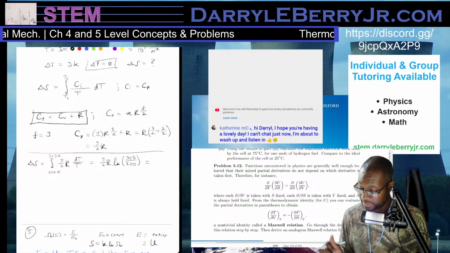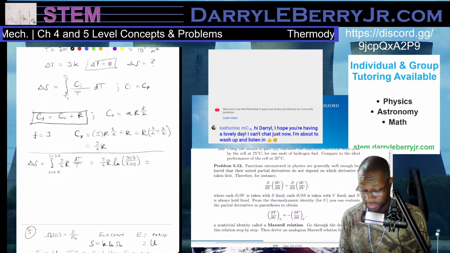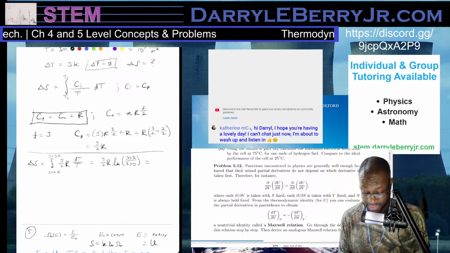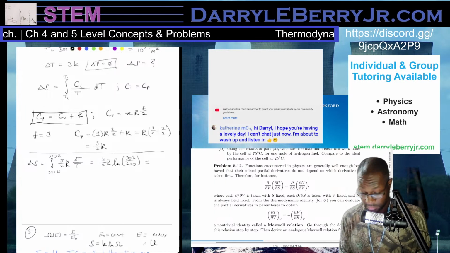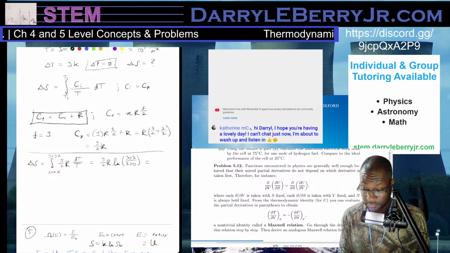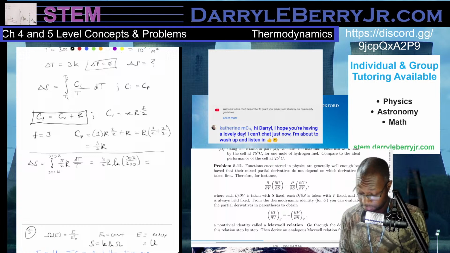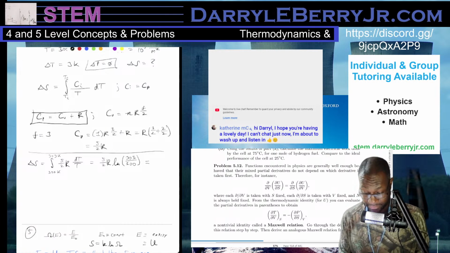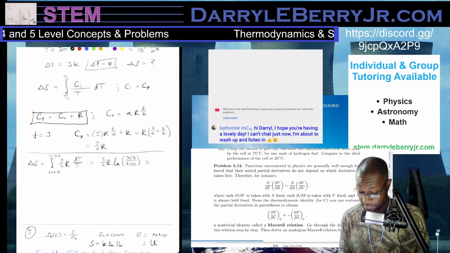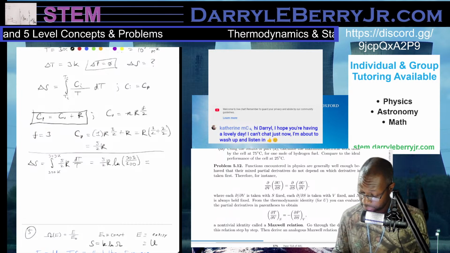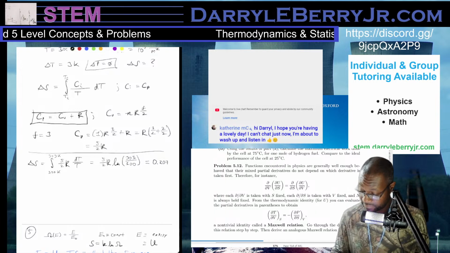Now we just have joules over K. So this should equal 5 divided by 2 times 8.31 times ln of 303 divided by 300. So that equals 0.207.